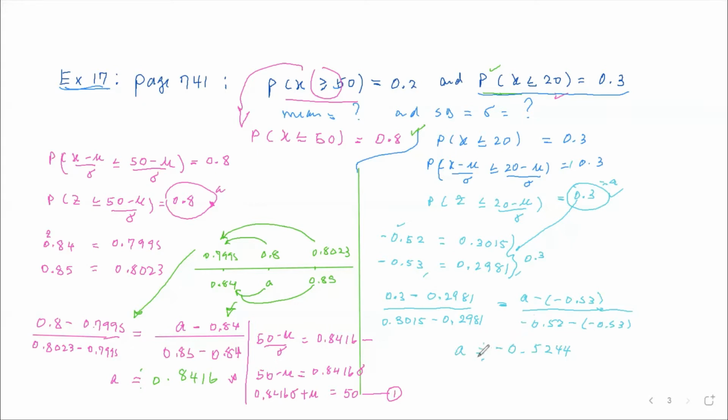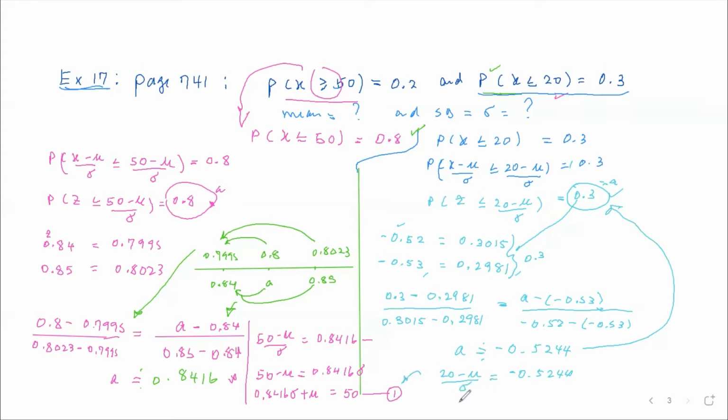Then you do the same way, replace the value of A in here. So we're going to have (20 minus mu) over SD equal to negative 0.5244. After this, you simplify, same like equation 1.